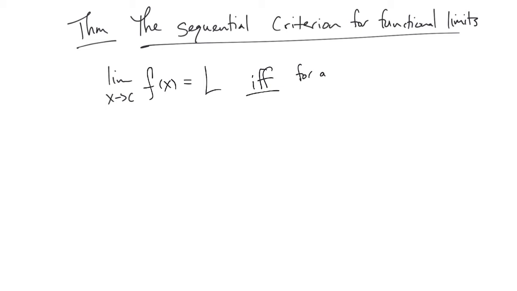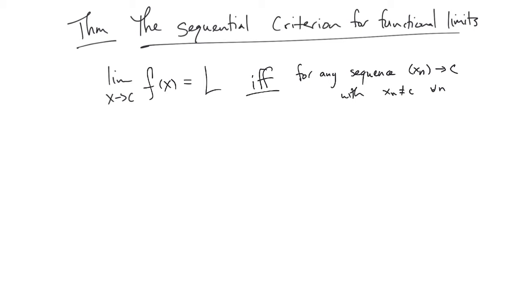It says for any sequence xn approaching C, so if you take any sequence of points that converges to C, with xn not equal C for all n, that's a little technicality. That little thing is not really going to be very important, but it should technically be in there.